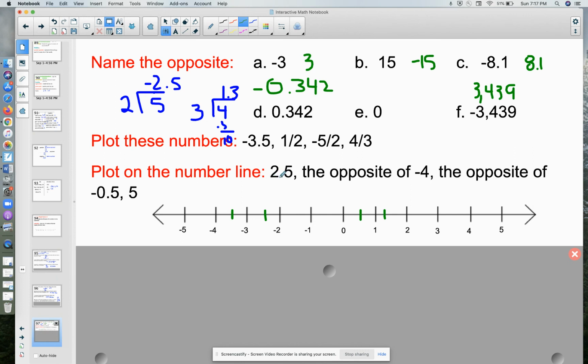So plot on the number line 2.5. Right here, 2.5. The opposite of negative 4 is 4. The opposite of negative 0.5 would be right here too.